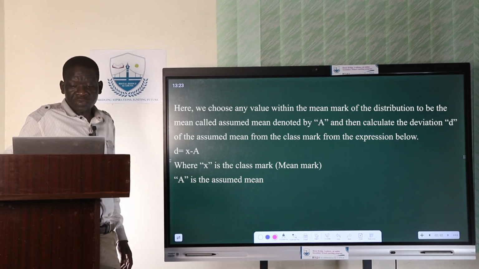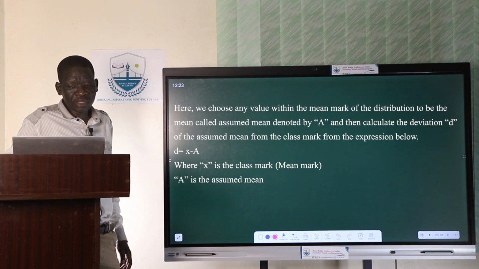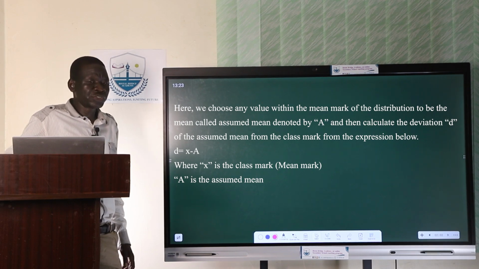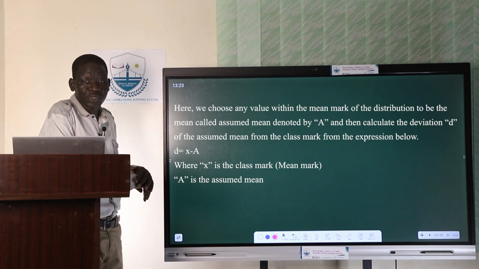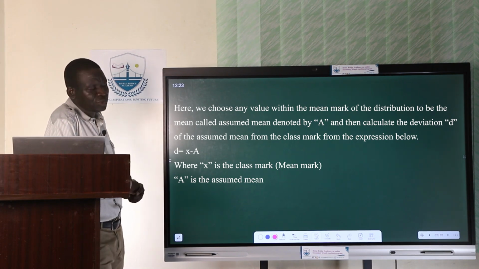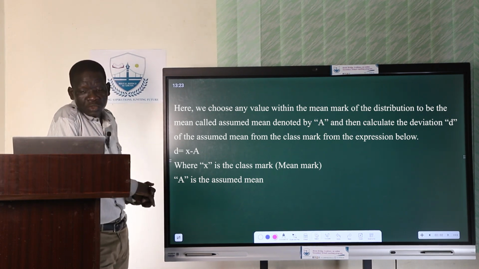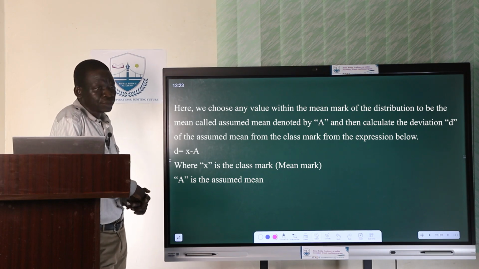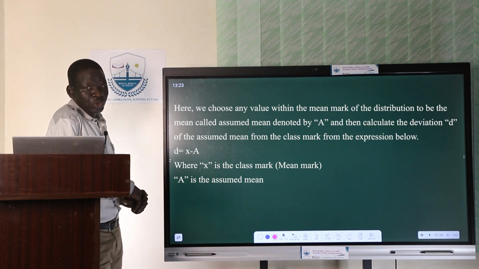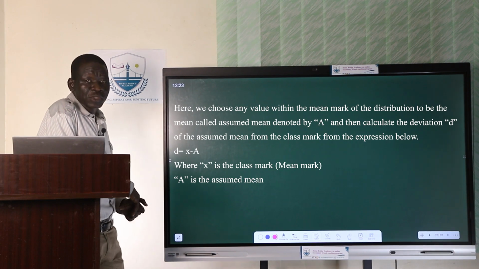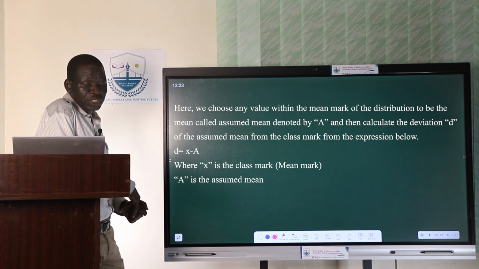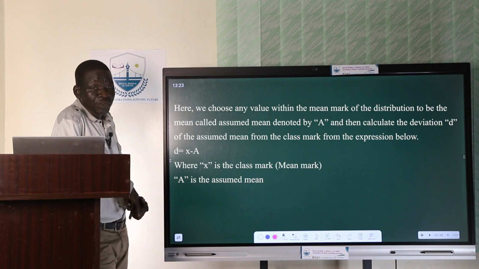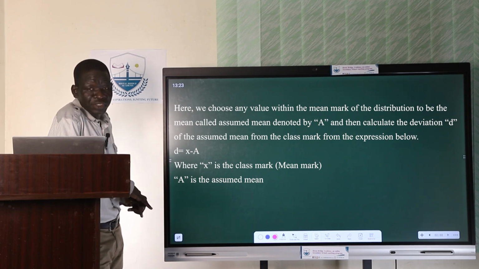When you are dealing with the working mean method or the assumed mean method, there are some terms which we have to be in touch with. One, we need to know what we call deviation. So in the table that you always draw, in order to calculate the true mean, we have to create a column for deviation.